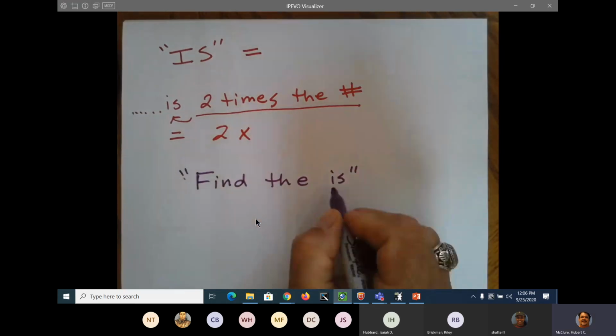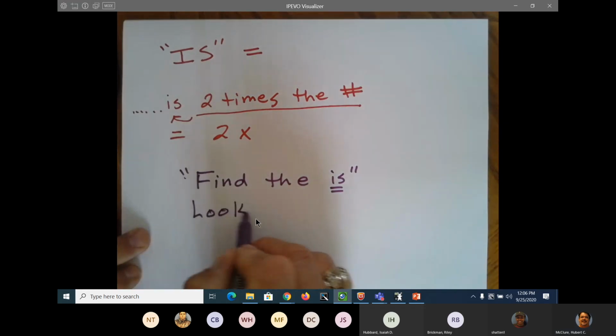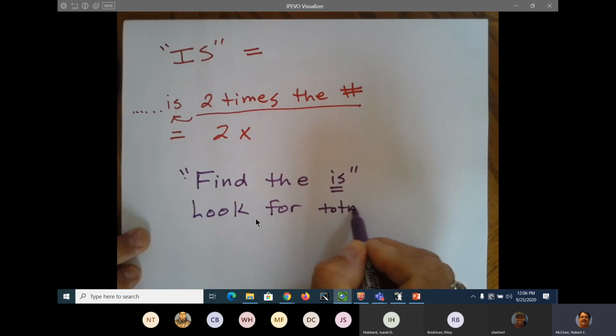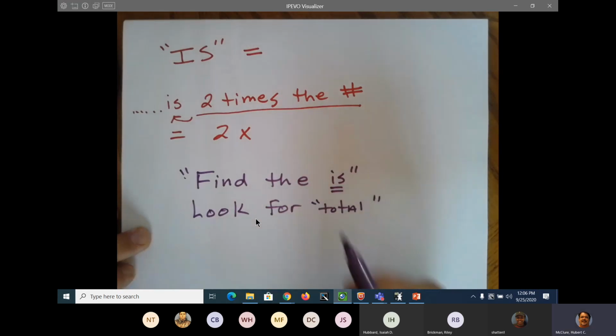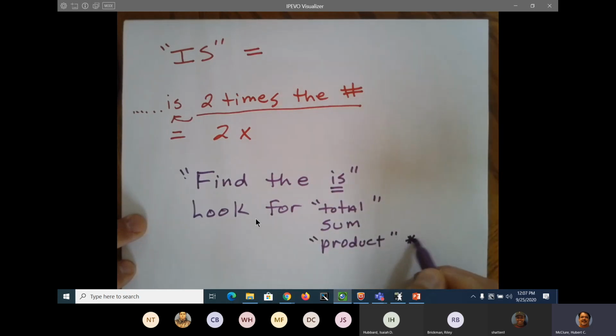I tell them to find the is, and I tell them to look for the word total. Sometimes that helps. Look for total, or look for sum, or look for product. I tell them to look for some of these because you know that product means multiplication. You know that sum means addition. And you know that difference means what?